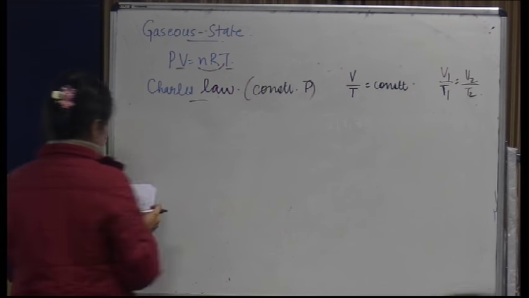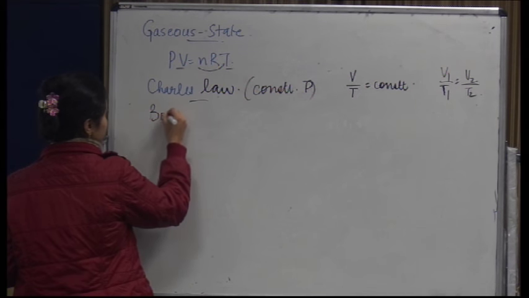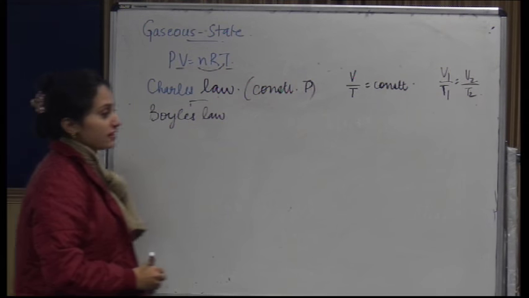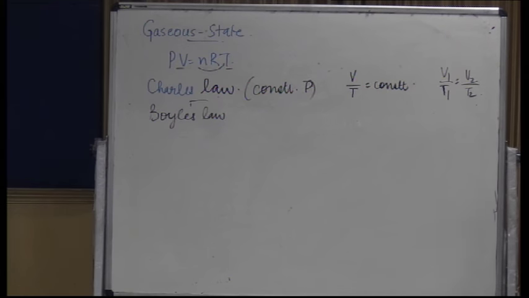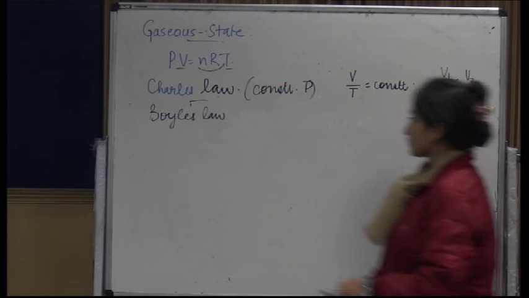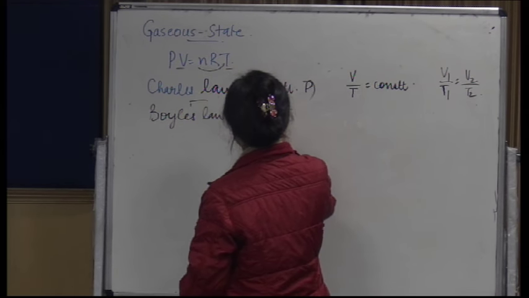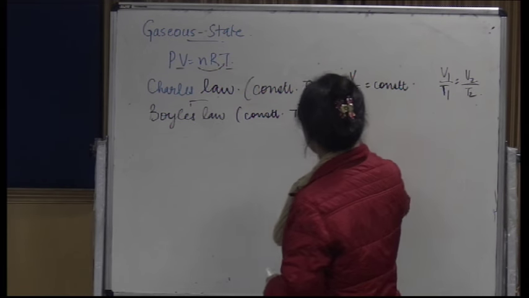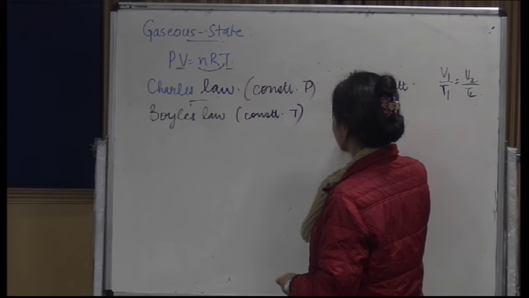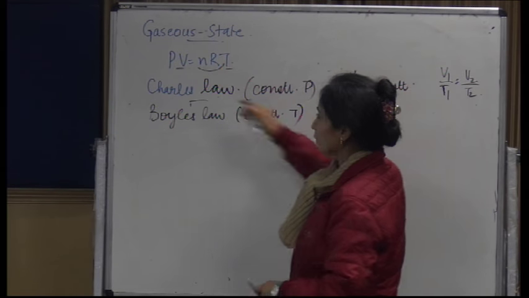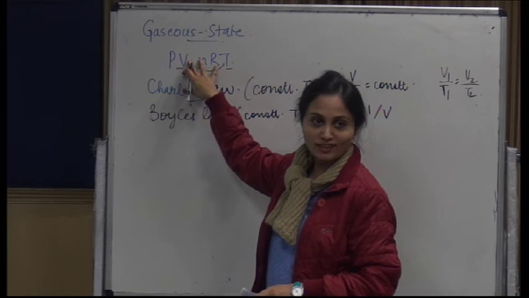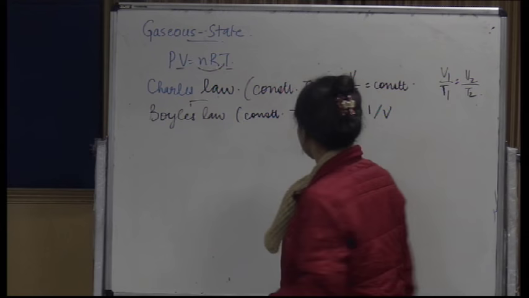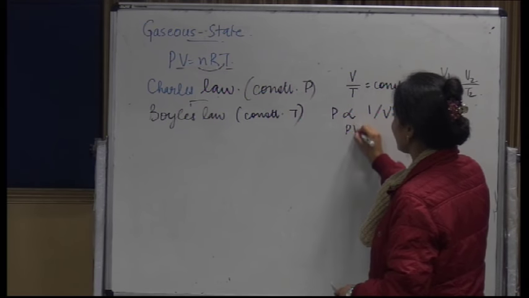Then after that, this was the first one in fact which we did. In Boyle's law we have a fixed amount of gas and constant temperature. For constant temperature, pressure is inversely proportional to volume, because nR is already a constant and temperature is a constant, so your PV is a constant.